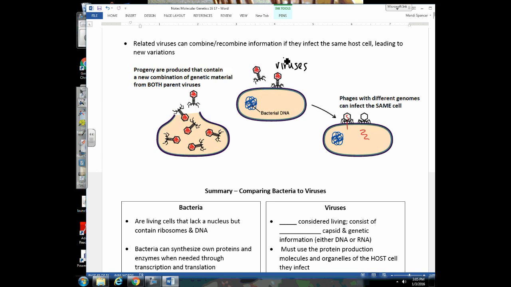If they infect the same bacteria cell, so here's the genetic material of one, here's the genetic material of the other, then whenever these new viruses are assembled, then we can create viruses that have a genetic combination from both of these parent viruses. So now this progeny, this offspring, has new traits. So again, just like bacteria, viruses can pick up different combinations in different ways, leading to genetic variation.